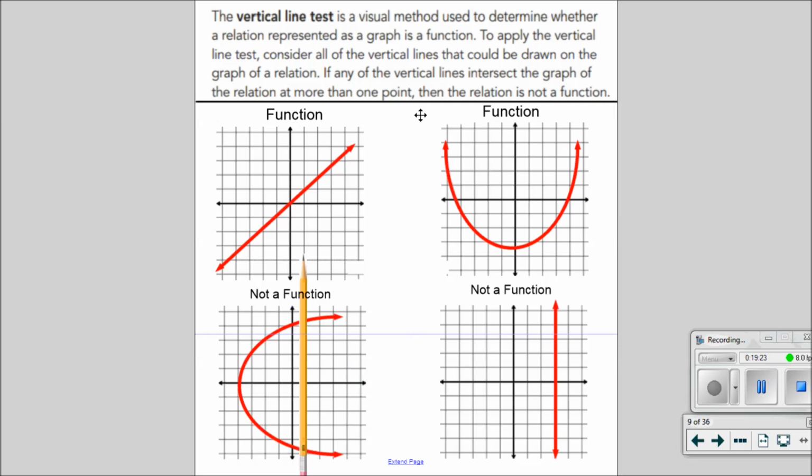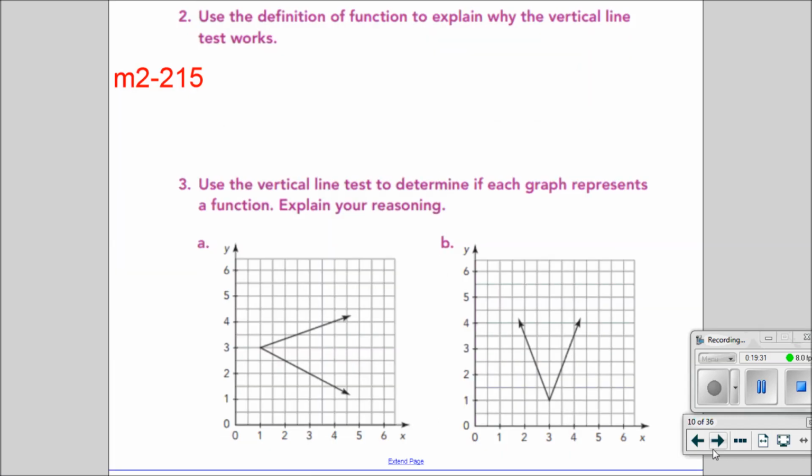Think back to the one we did in our book on 215, so just up above this. Or what does it mean about our x values when it's only hitting once? So you're going to explain that. Then it says for 3, use the vertical line test, so you can put your pencil on there on the paper, to determine if each graph represents a function, and you need to explain how you know. So does it pass the vertical line test or not? Okay, so I'm going to give you a second here, and you're going to work on 2 and 3.